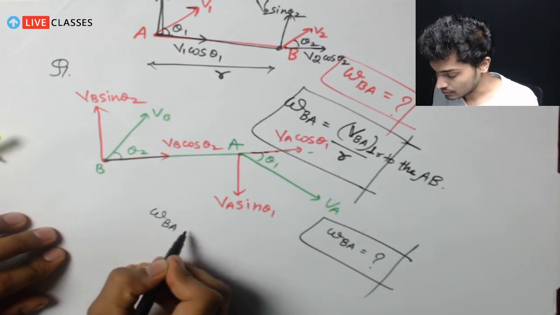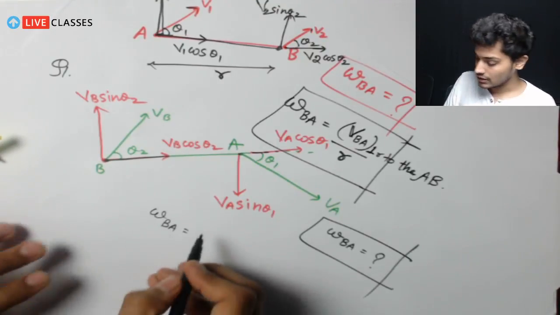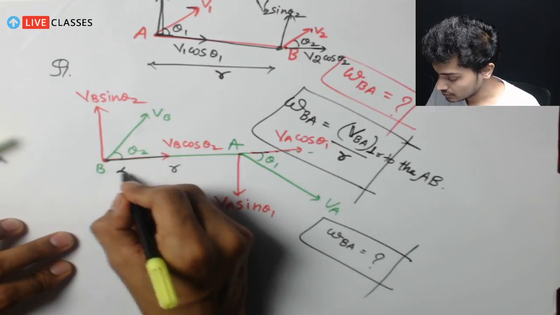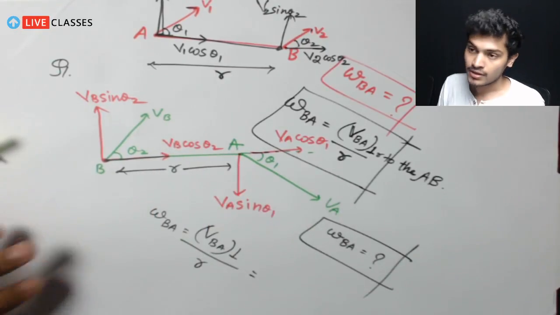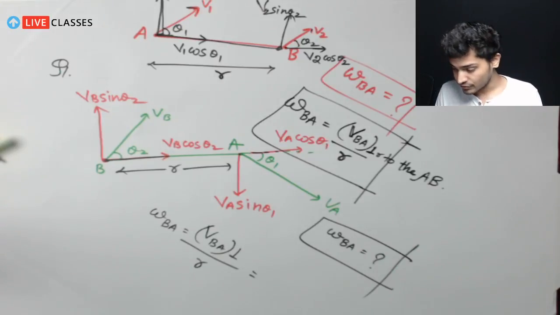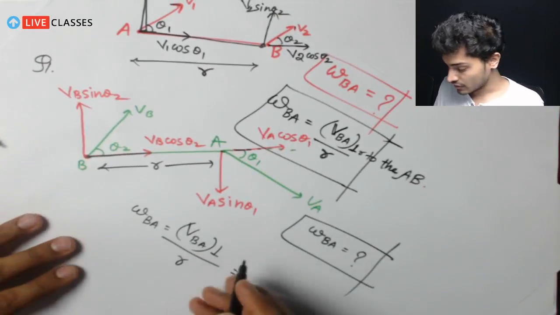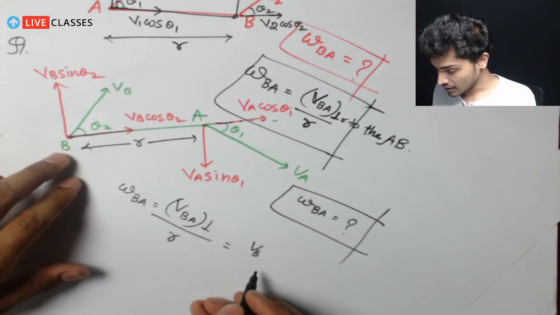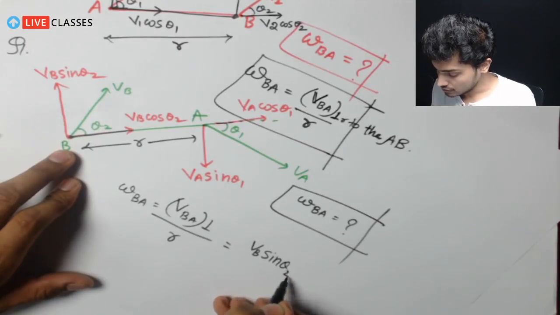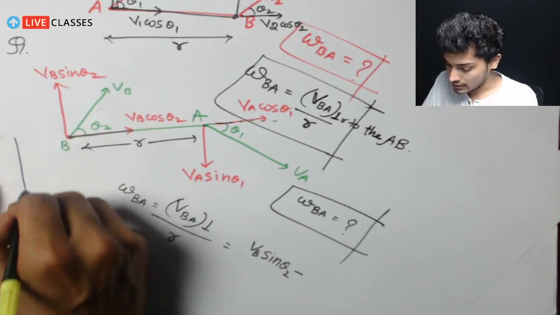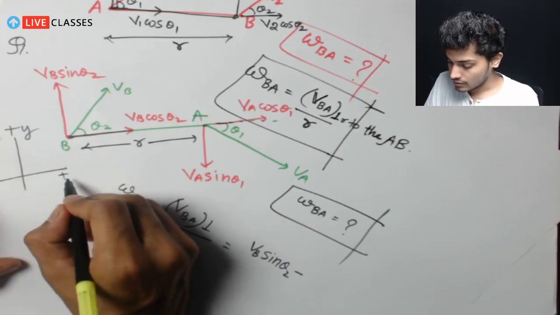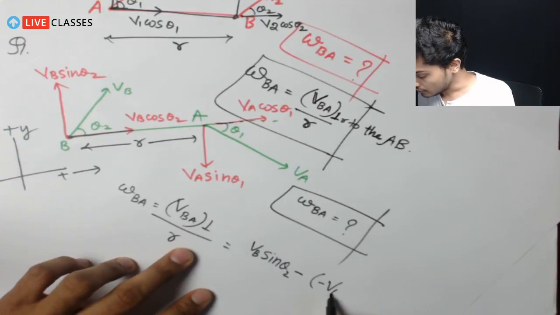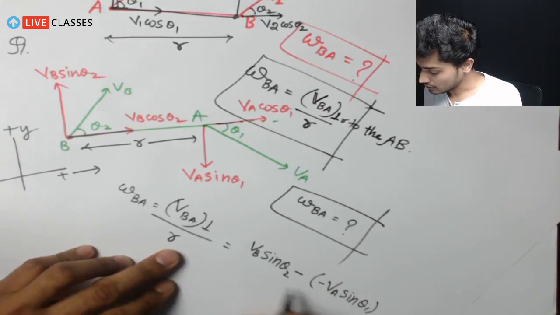So what will be omega BA? It will be VBA, perpendicular to the line joining them, divided by the distance between them, that is R. What will be VBA here? VBA here will be VB sin theta 2 minus, suppose we are taking this one as positive, and this one as negative, then minus VA sin theta 1.